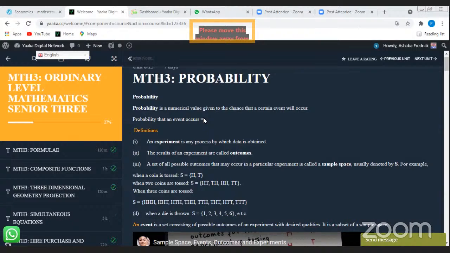So here there's something which was missed. The probability that an event occurs is equal to the number of events divided by the number in the sample space, or the total number of outcomes. Okay, so maybe let me share something else.